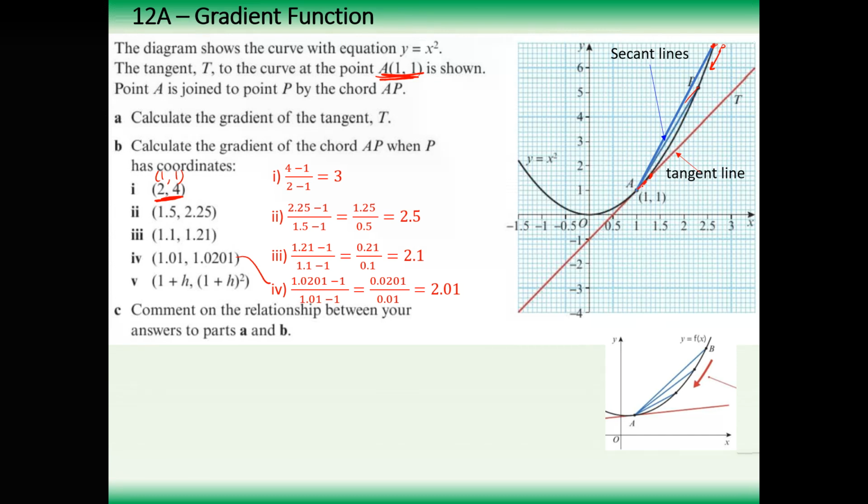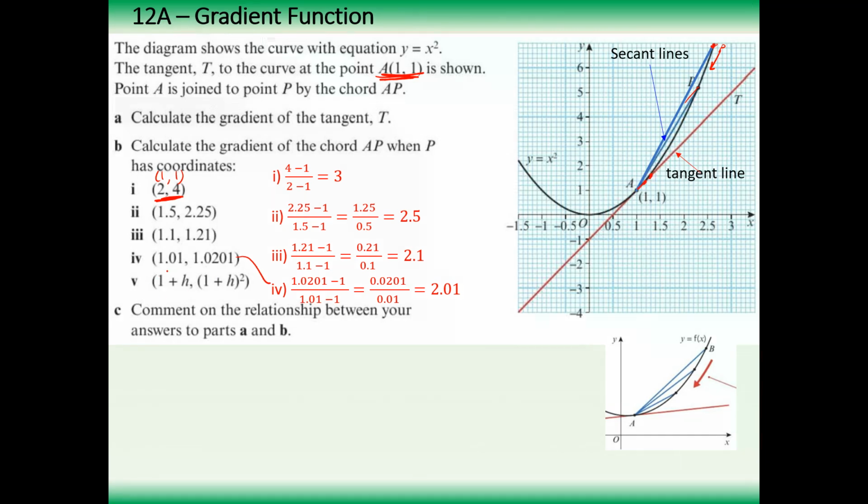It's very close, at this point where the x coordinate is only 1% of a unit away from A. It's almost not visible by eye, but it does have a gradient.